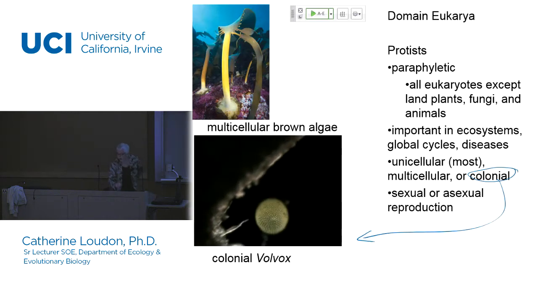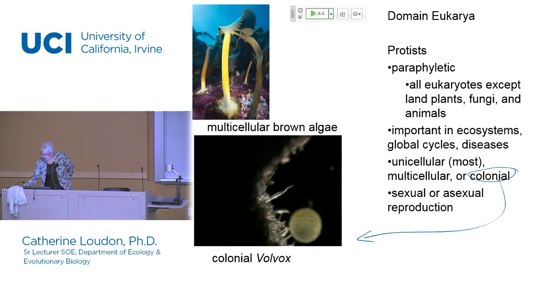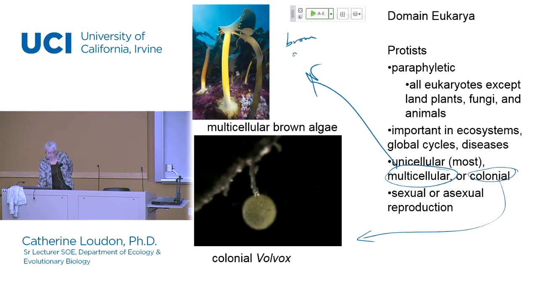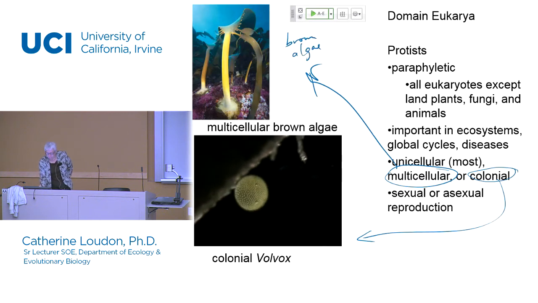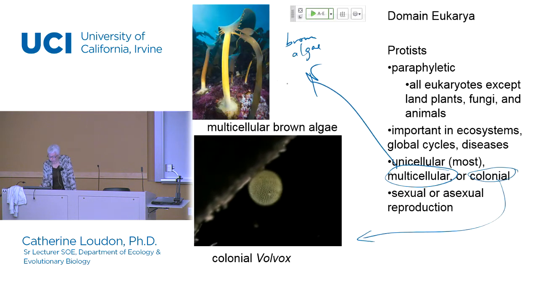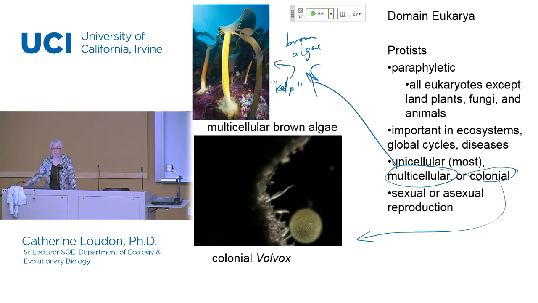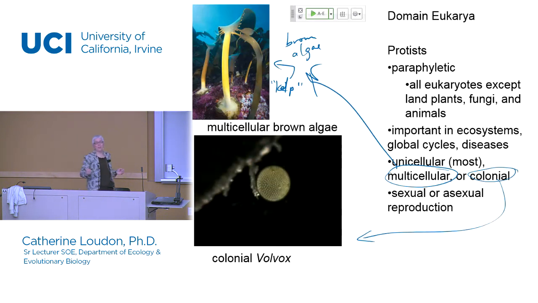This is in contrast to something like the multicellular protist. An example here, these are examples of brown algae. They're also called kelp, which may be a more familiar term to you. These form giant underwater forest equivalents in many of the shallow marine areas, including off the California coast.